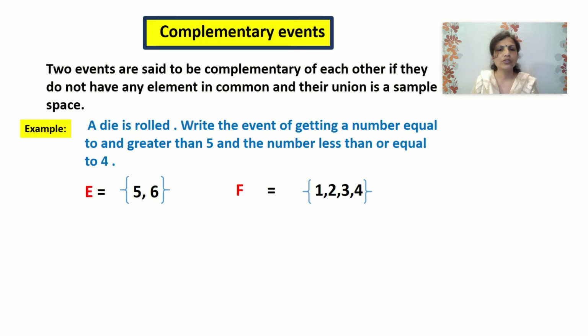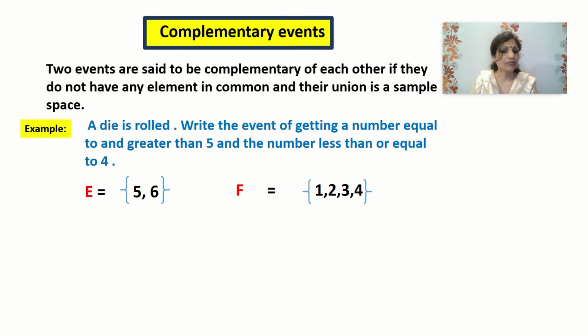So you have written two events, event E and event F. Now look at this event F, that's 1, 2, 3, 4. Both the events, none of the elements are common. So I can say that E and F are complementary events, because if I combine them, they'll give me the sample space.